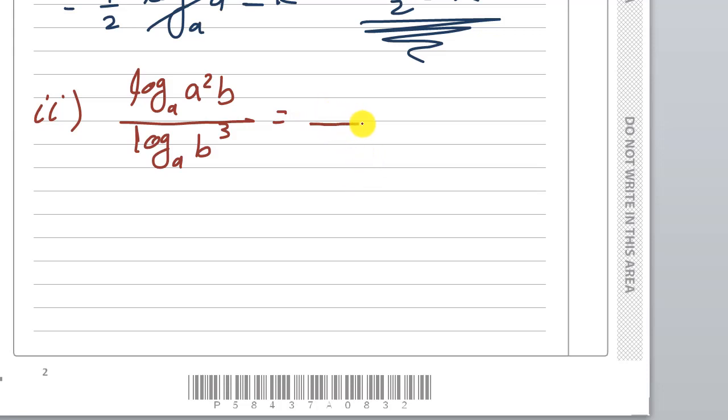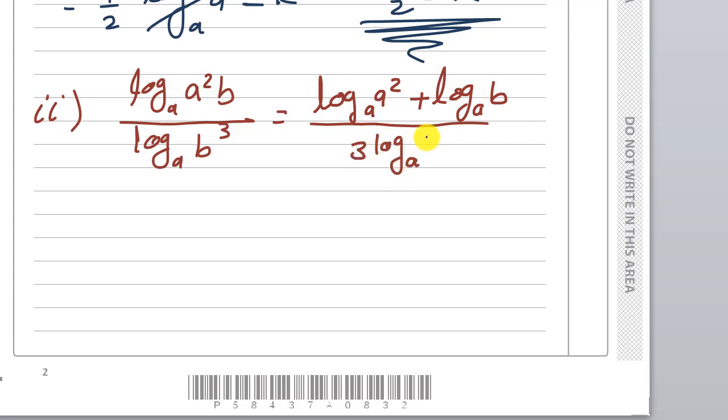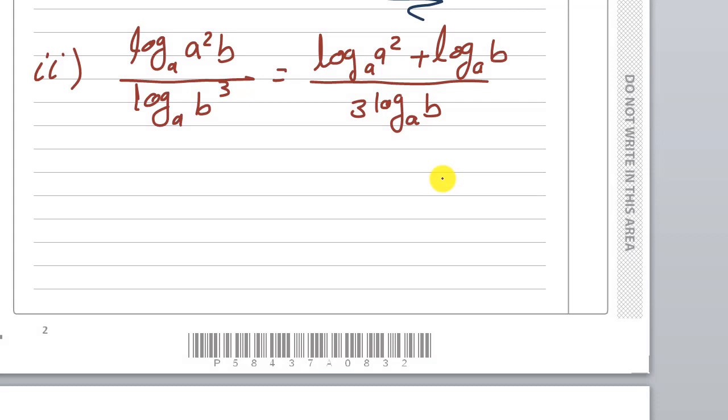So it's equal to log a squared plus log a b, divided by 3 log a b.